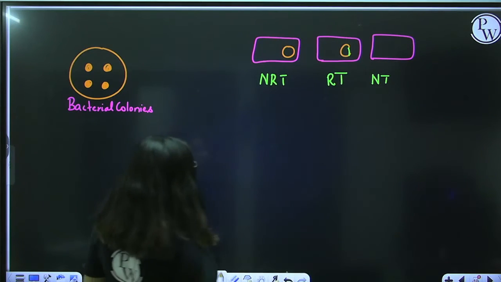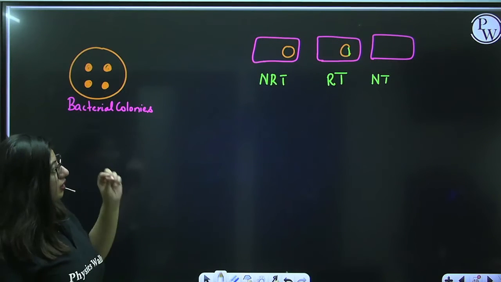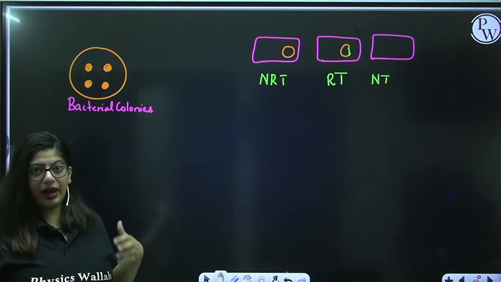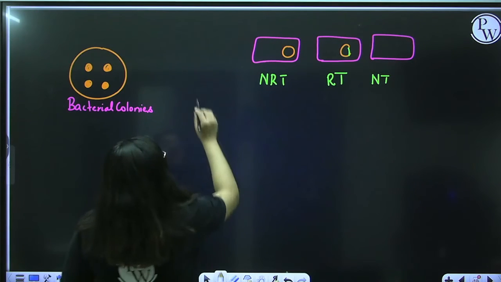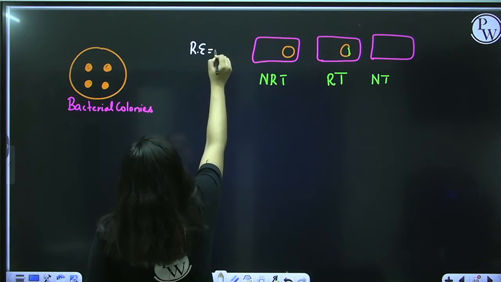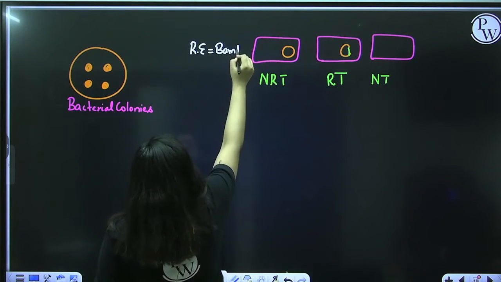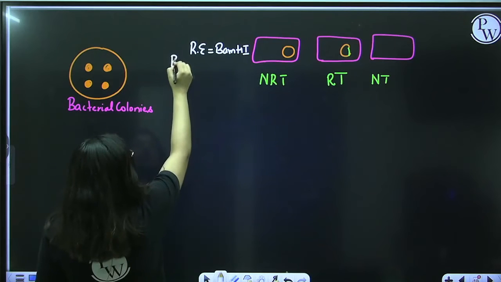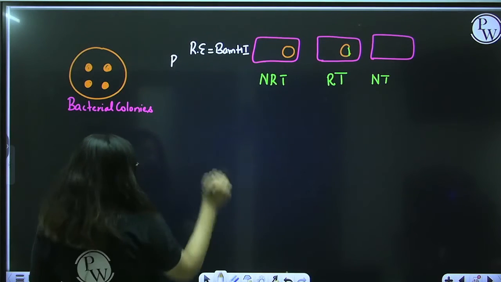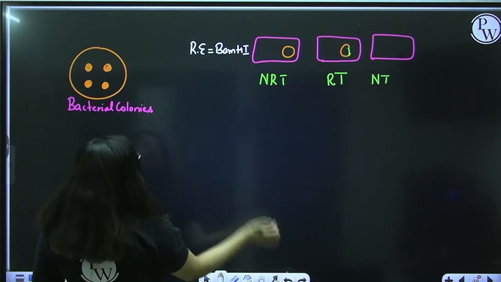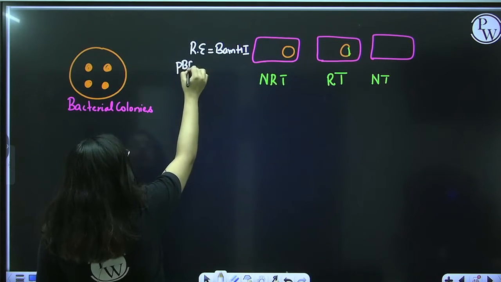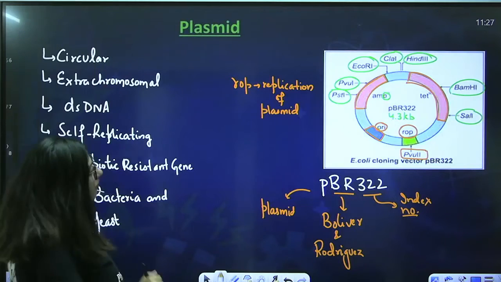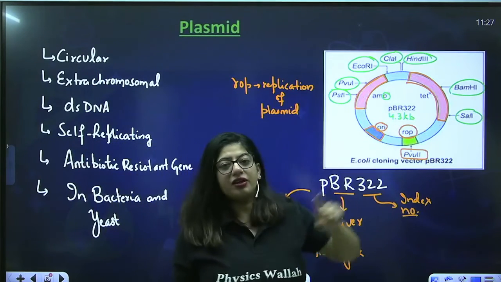First of all, we are assuming that we have used BamHI as the restriction enzyme, and pBR322 as our plasmid or vector.